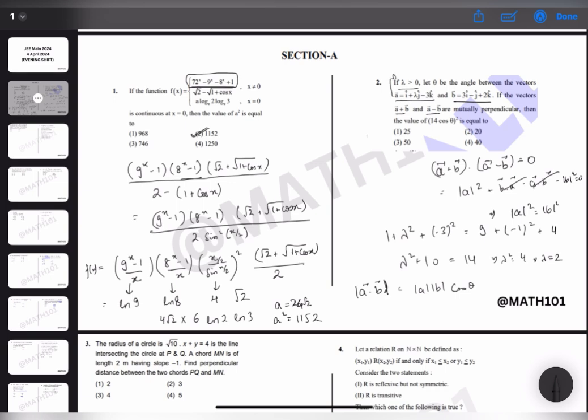So this vector becomes (1, 2, -3). This is (3, -1, 2). So A dot B is 3 minus 2 minus 6, so minus 1. So modulus of A dot B is 1.